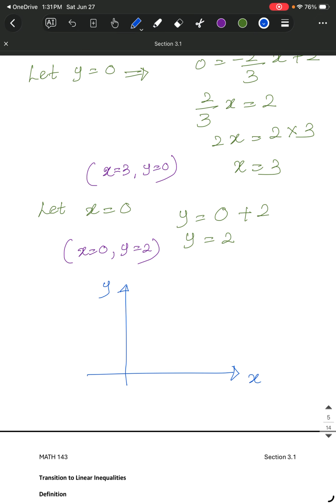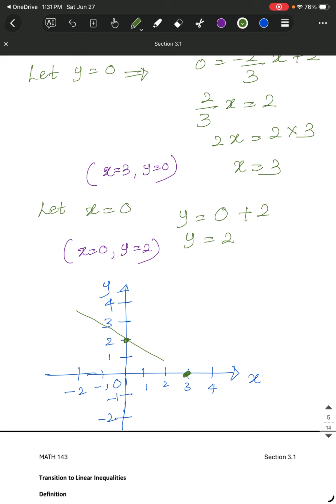Draw the x and y axes. Then let's plot the points: x equals 3, y equals 0, and x equals 0, y equals 2.